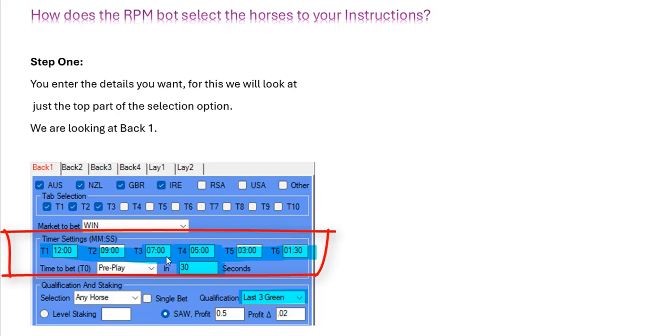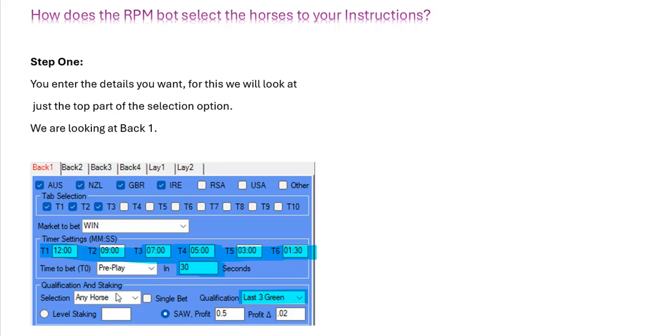Then 9 minutes, 7 minutes, 5 minutes, 3 minutes, 1 minute 30, and then at 30 seconds before the start I've instructed the bot to lock away all the prices and place the bet. While we've got T1 through to T6 up there, this time of when to place the bet is what we call T0. I'll explain that in a minute.